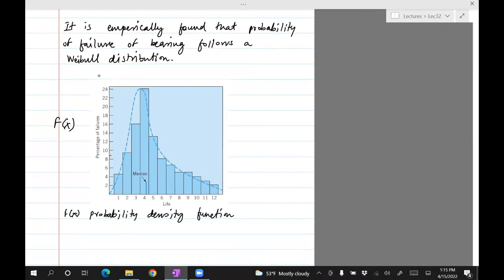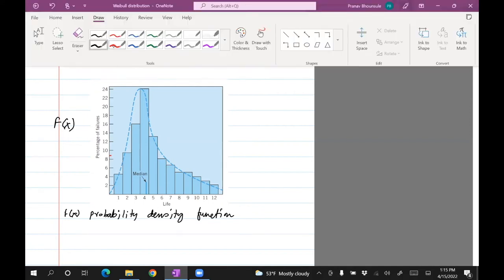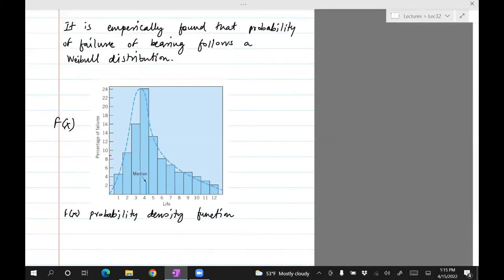Okay, so the rule is that if you integrate the area under the probability density function from minus infinity to plus infinity, you should get equal to 1, which means that the probability can only take a maximum value of 1 and not bigger than that. So in this case, since we're interested in the L10 life, we are pretty much looking at 10%. So you can see on the y-axis is the failure. So 10% failure is our cutoff.